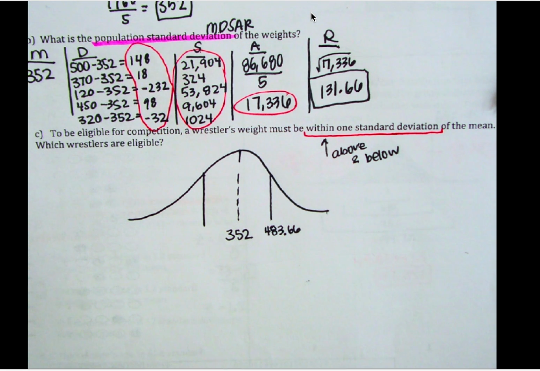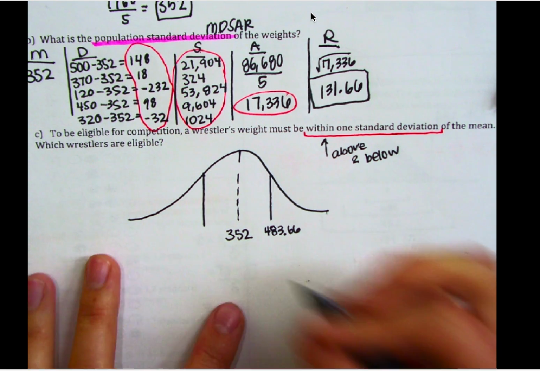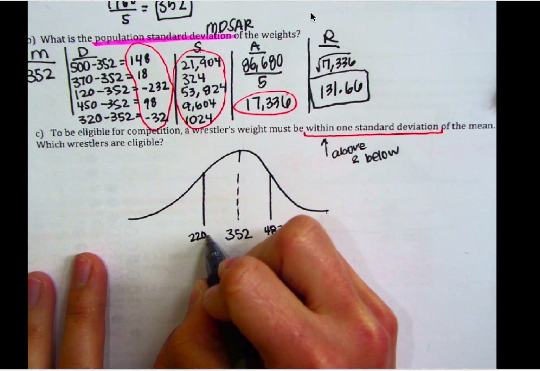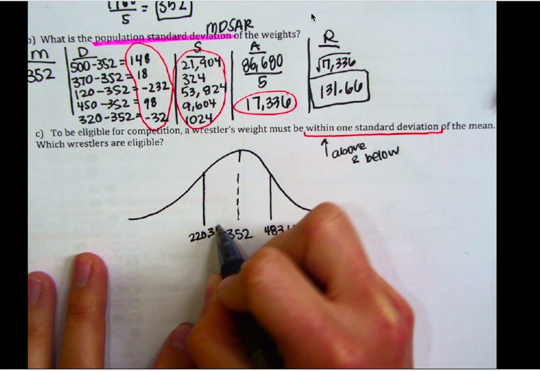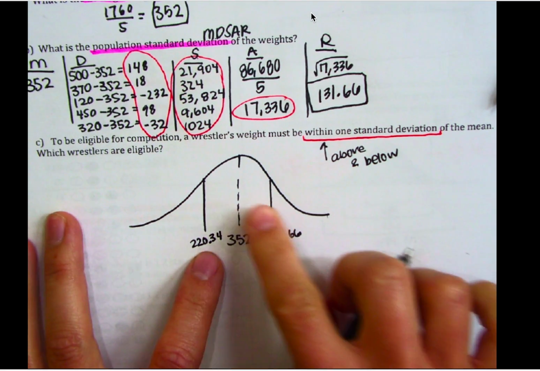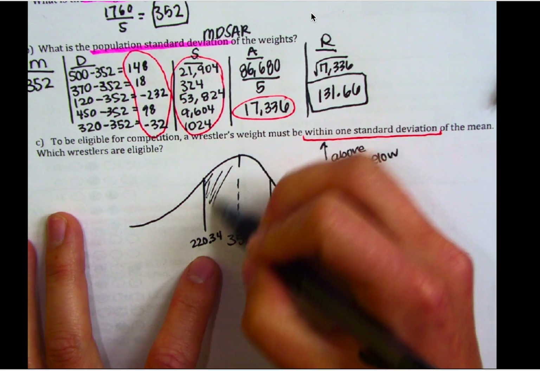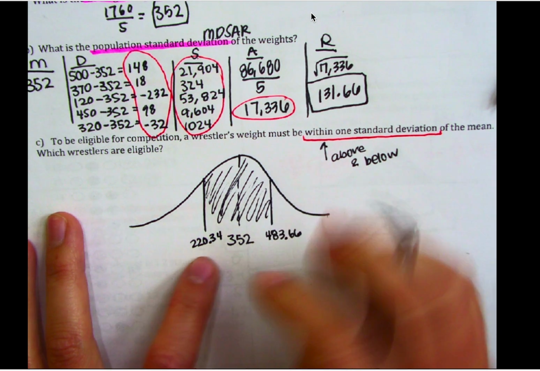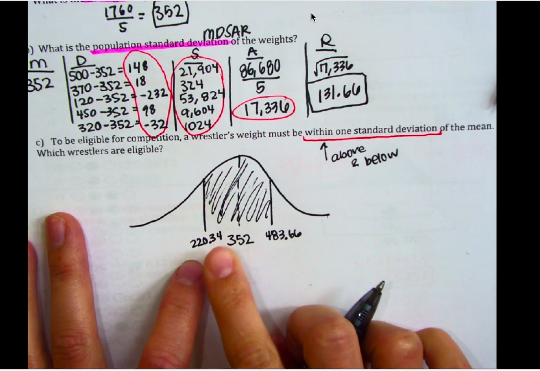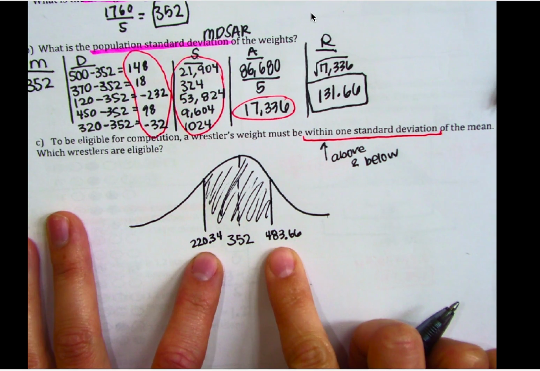So 352 minus the 131.66 gives me 220.34 pounds.